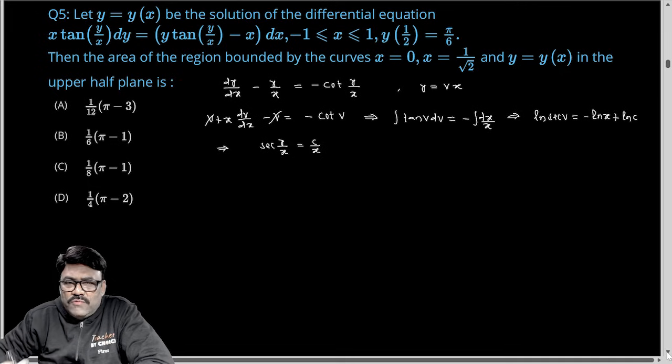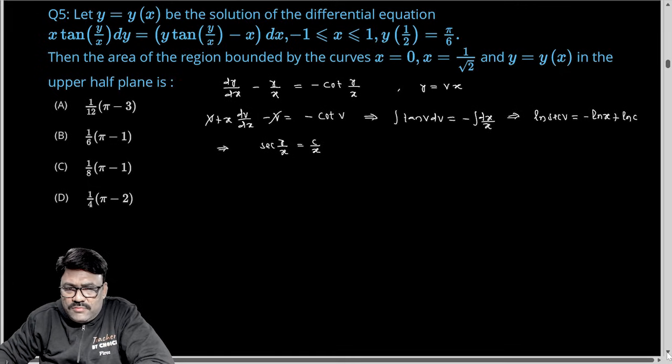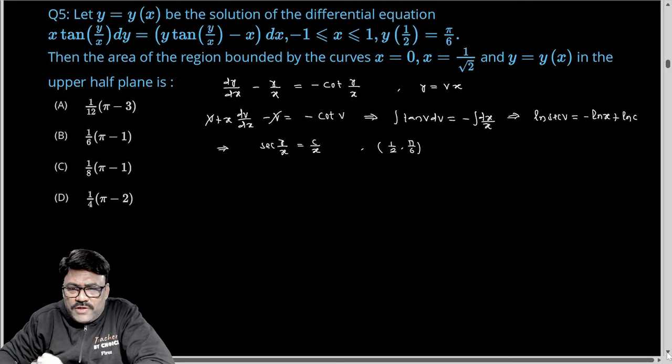Now they have given y of half is pi by 6. Means half comma pi by 6 satisfies it. So if I put x is equal to half, y is equal to pi by 6, on the left side it will be secant pi by 3, which is 2.